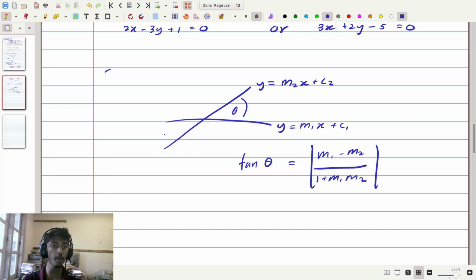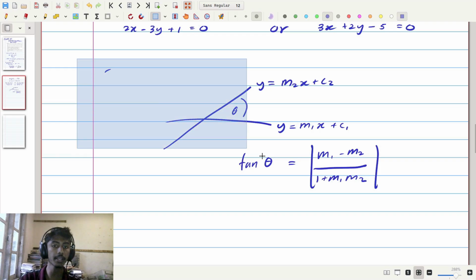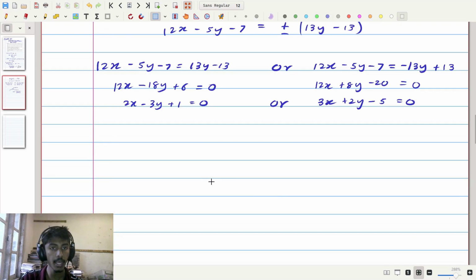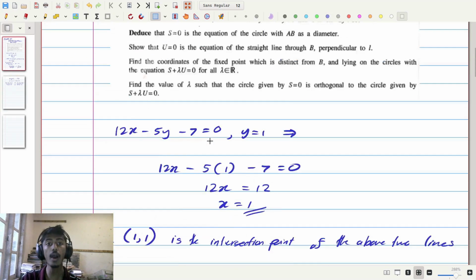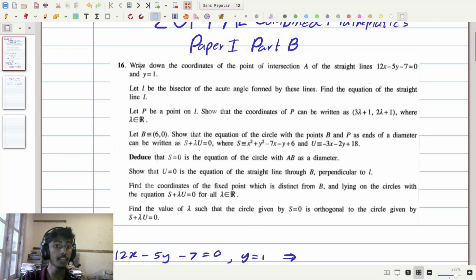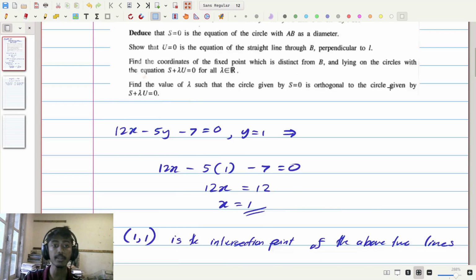We can use this formula here in order to check out of these two lines which one is the correct line. Now to do that, I can use either of the lines and the line L, but in this case I'm going to use the line y equals 1 and the line L, since y equals 1 is simpler than 12x minus 5y minus 7 equals 0.